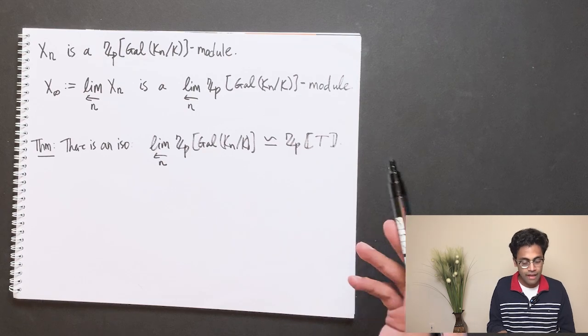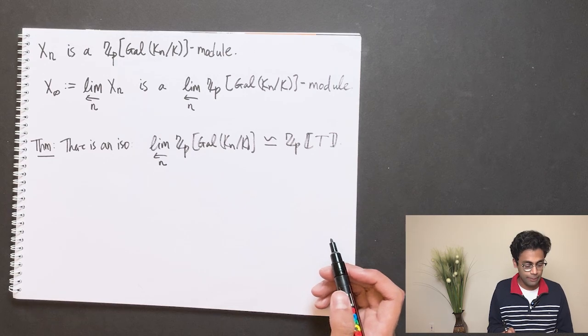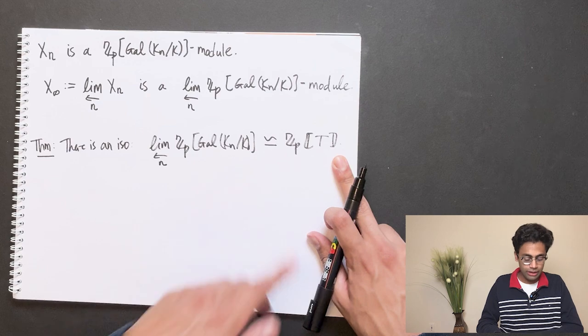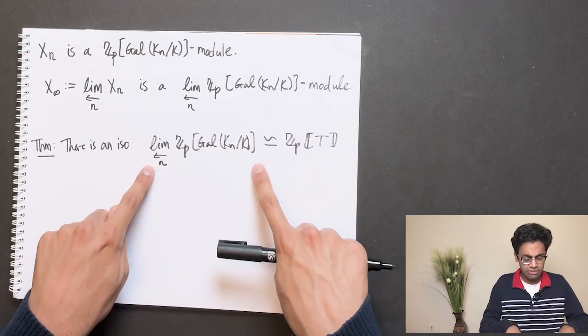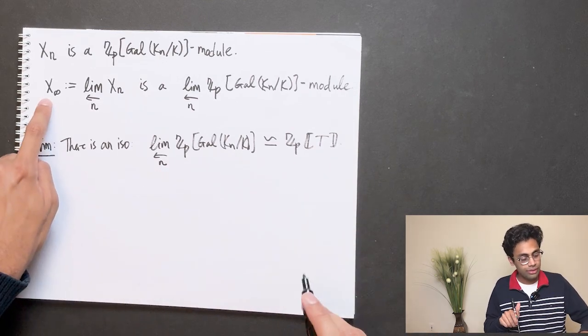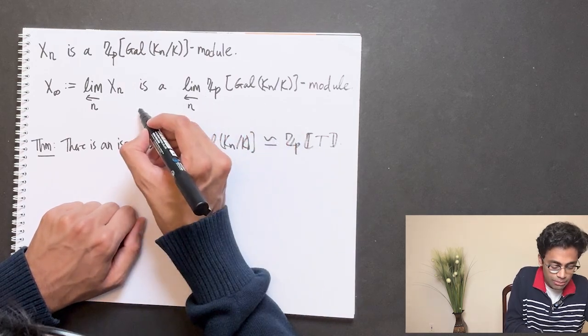Okay? This is the ring of formal power series with coefficients in Z_p. Now, luckily, this is a very nice ring. We can write elements down, and it's very concrete, and this is kind of mysterious, but we understand this. So because of that, this X infinity is actually a Z_p[[T]]-module.